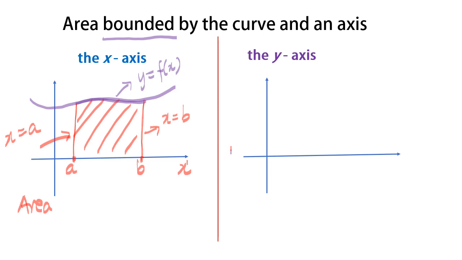We have the curve, the two vertical lines, and of course bounded by the x-axis, very important. To find the area, we will have to integrate from a to b, f of x dx. This is what it means.